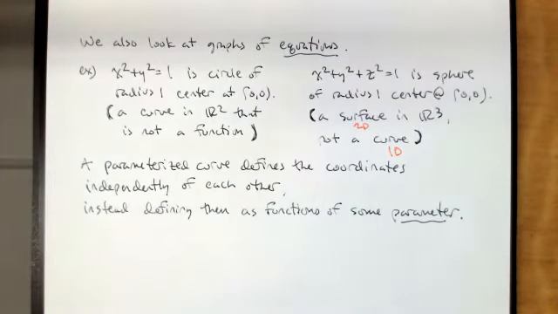So we're not describing all the points with a relationship between x and y. We're just defining x as a function of some parameter, usually t, and y as a function of t, and then figuring out the point, plotting the points that way. So each point on the curve has an x function and a y function. Or if it's a curve in three-dimensional space, an x of t, a y of t, and a z of t.